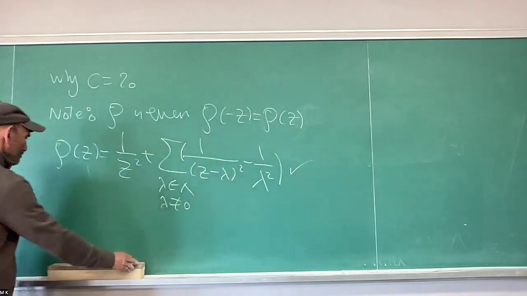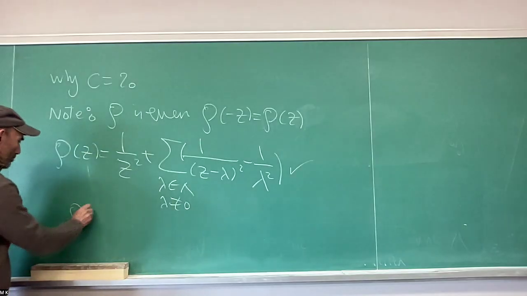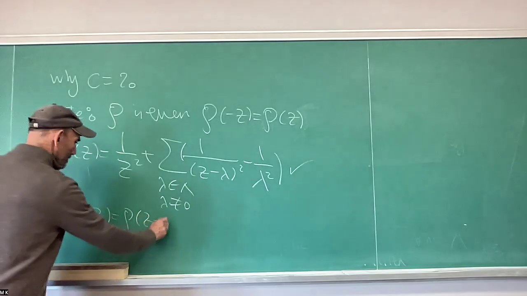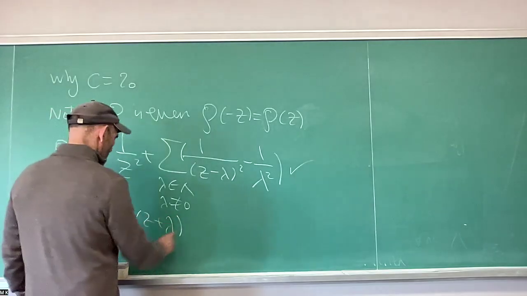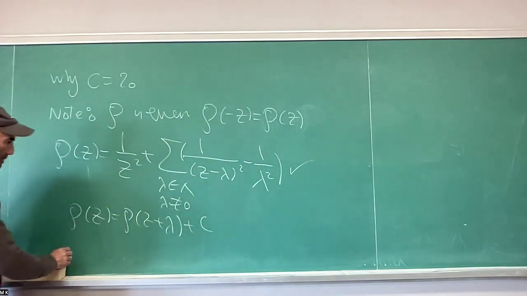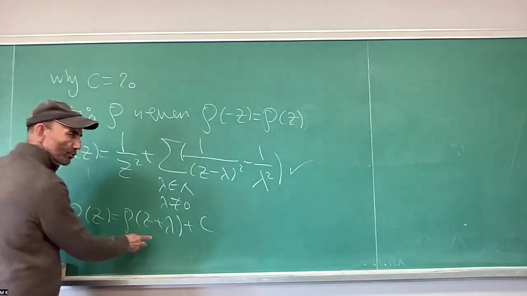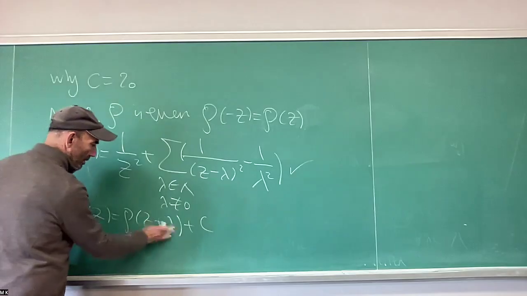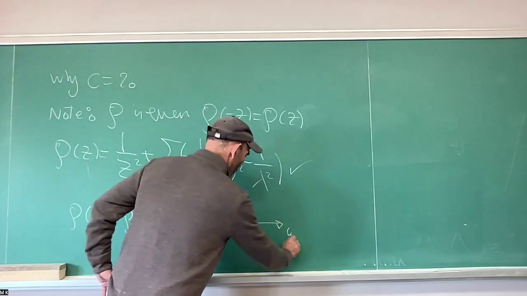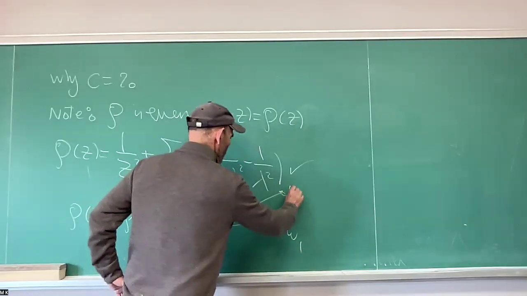So now we have this equation, P of Z is equal to P of Z plus lambda plus C. Now, let's choose omega 1, for example. Here is omega 1, and here is omega 2, right?